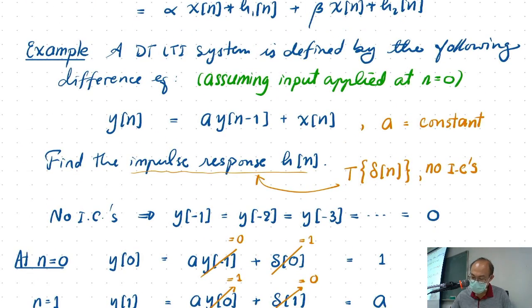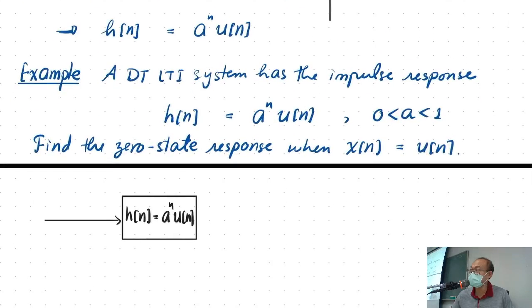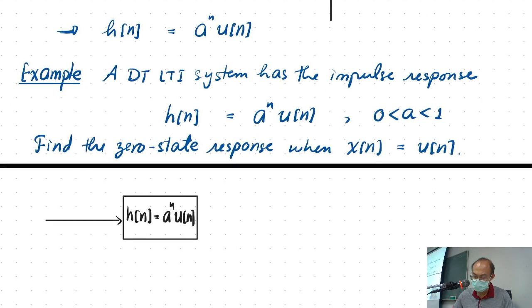I'm using the result from the previous example in this example. Now, we're given the input of u of n to this system, and the goal is to find the zero state response y of n that results from this input.